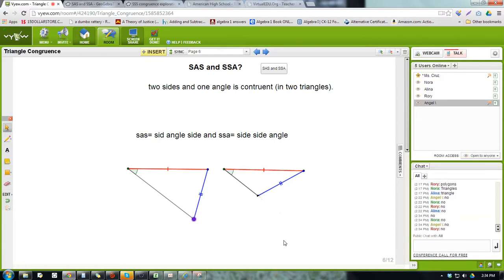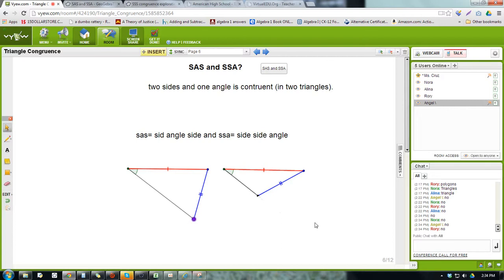So this is the reason, and what the second image is showing you is that there are two cases where you could have two sides that are the same and one angle, and there are two different types of triangles you could possibly have. And this is the second one, which is why we can't prove that when two sides and one angle are congruent, the triangles are always congruent. Because they could be, but they might not be. Okay?